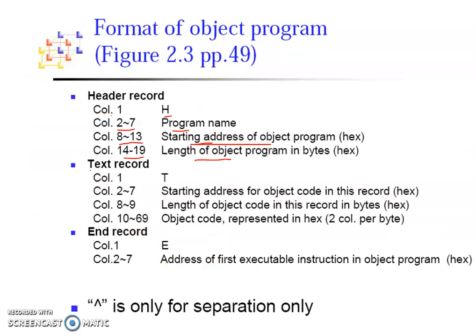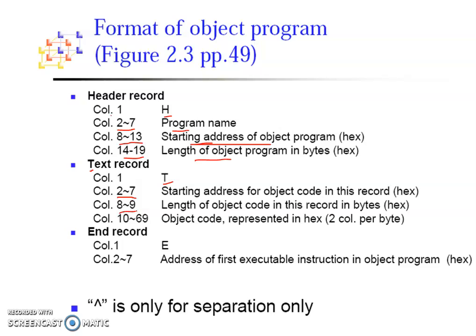Similar is the case with the text record also. The first column holds T for text, and the starting address of the object code is mentioned in columns 2 to 7. The length of the object code in bytes is written in columns 8 and 9.